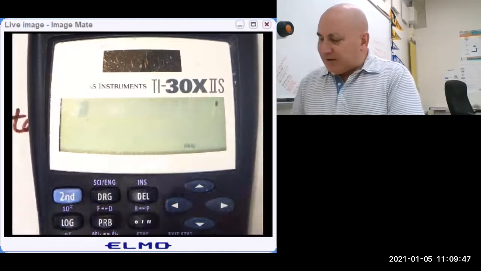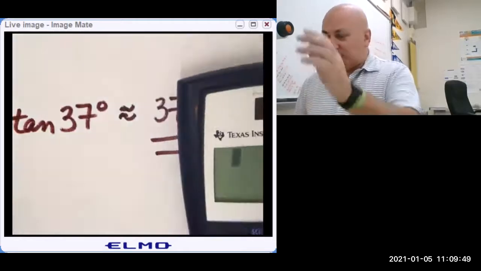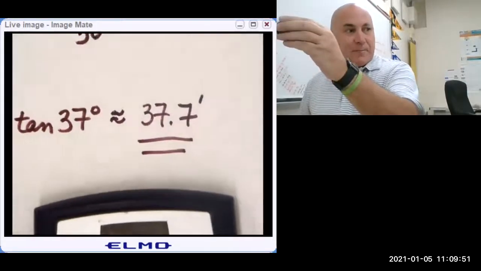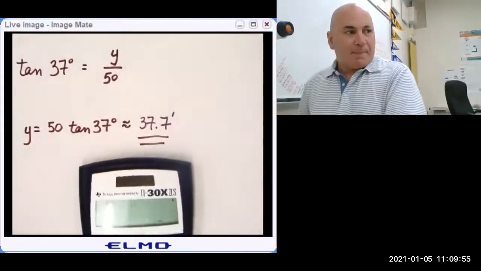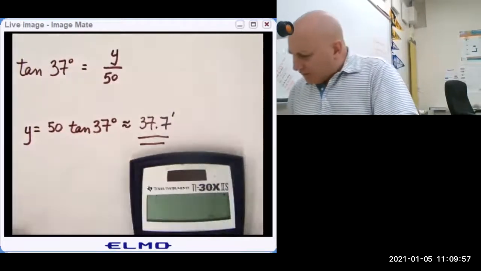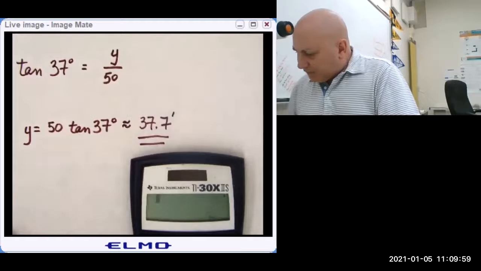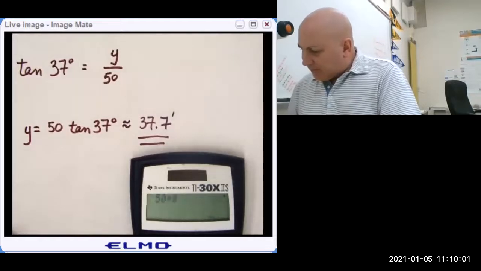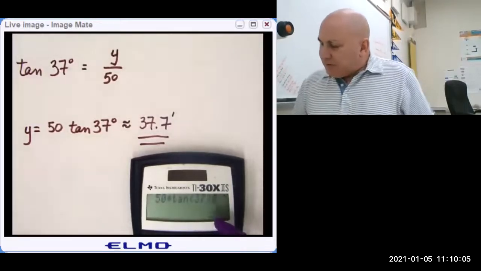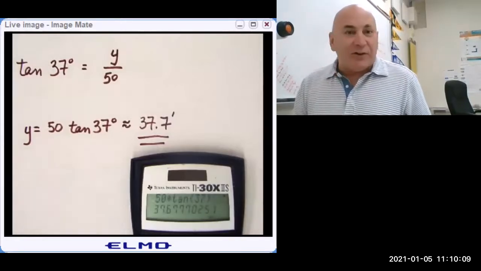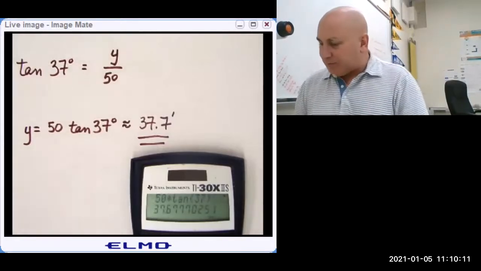So I want 50 times the tangent of 37 degrees. Yep, I'm in degree mode. 50 times tangent of 37. Now it knows it's degrees because it says so down here, and that's where the 37.7 comes from.